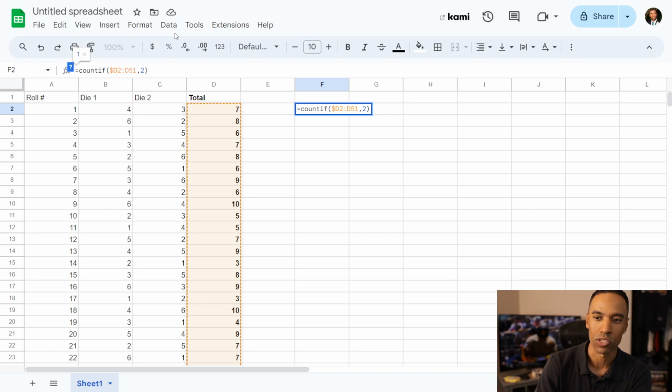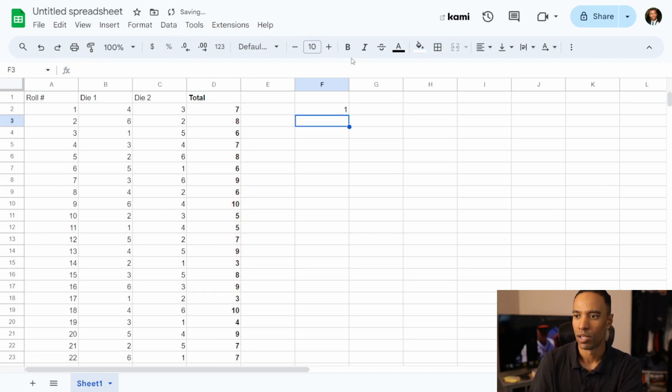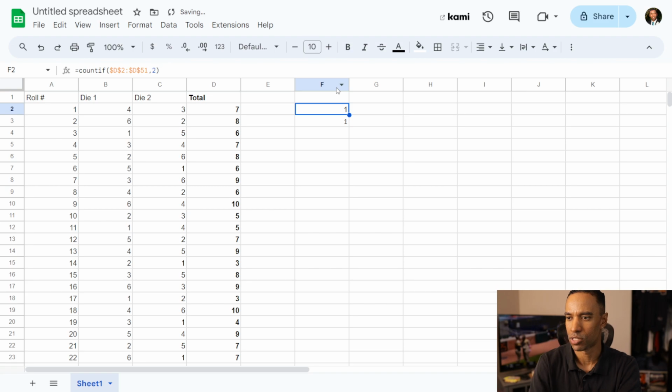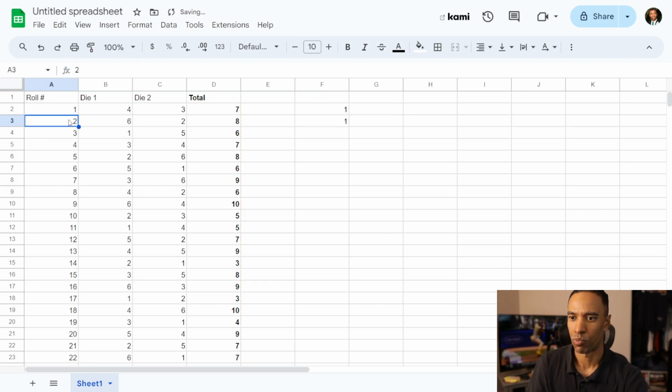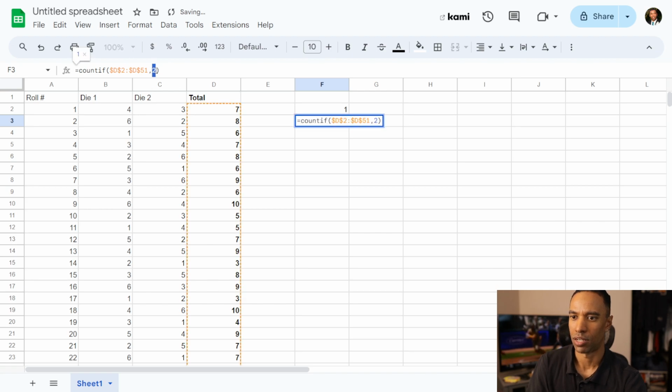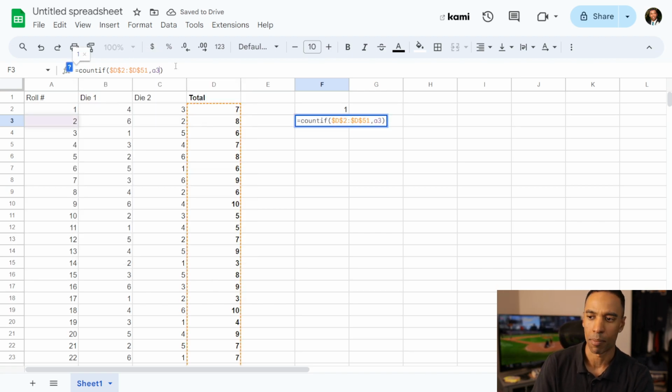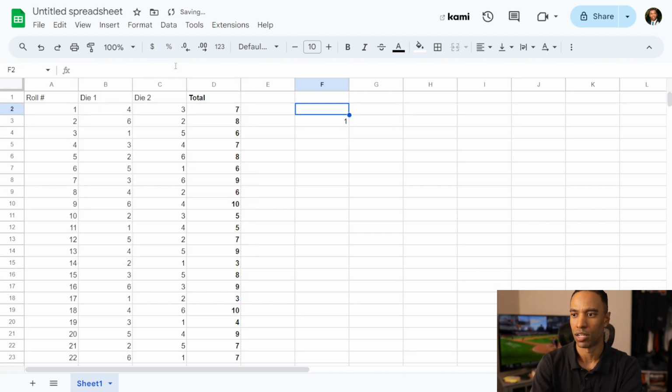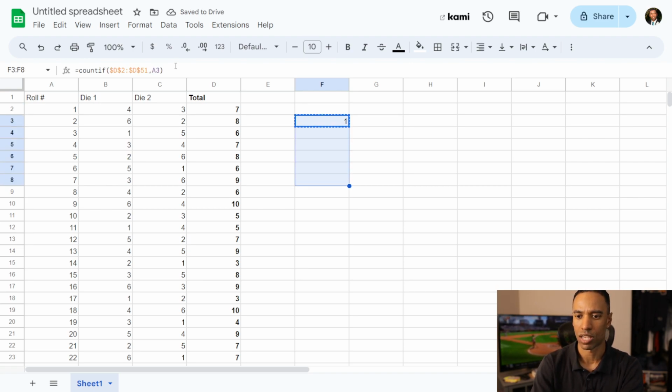Let me make sure that this locks onto those sets here. And we're going to do the same thing for, actually, let's put this here. Let's copy that and paste that here. I'm going to put instead, not 2, but this value right there. That's A3. Sorry about this. I'm just going to kind of code this thing in. So the next ones are going to be for 3, 4, 5, 6, 7, 8, 9, 10, 11, 12.